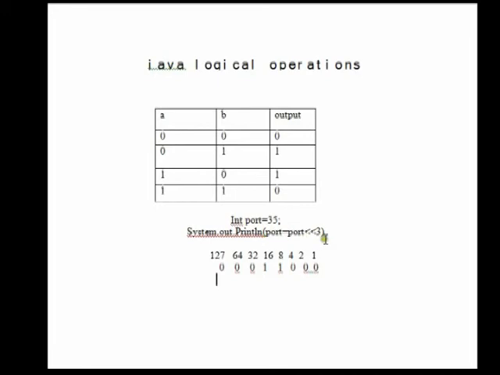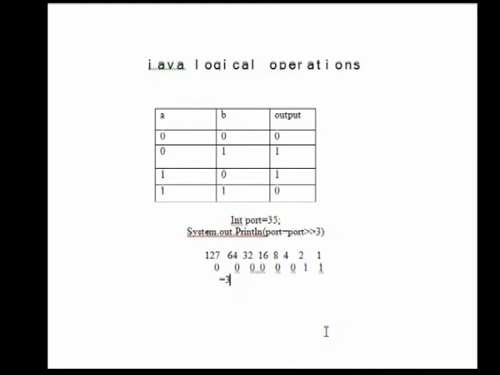So the system will print out 24. The right shift is basically the same by 3. We shift this by 3, so we delete these 3 from there and put 0 0 0 here. What you get would be 3, because you've got 2 and 1, which added together equals 3.